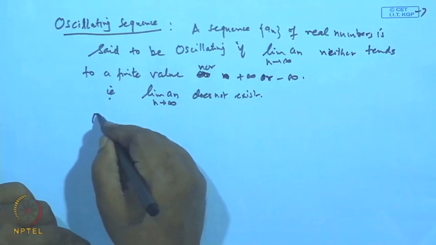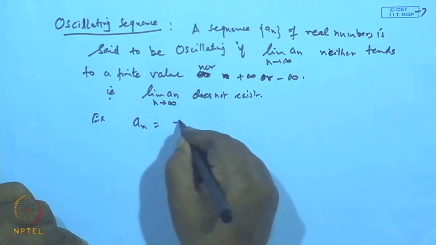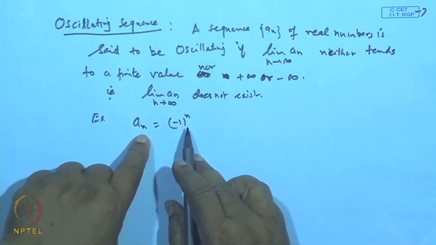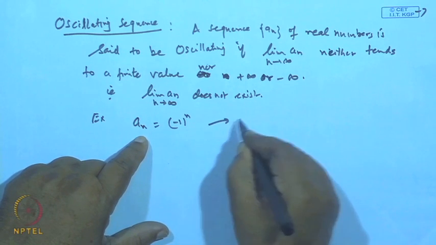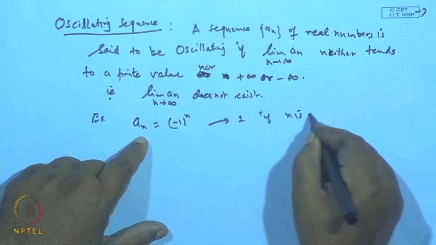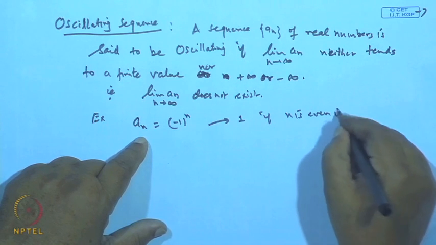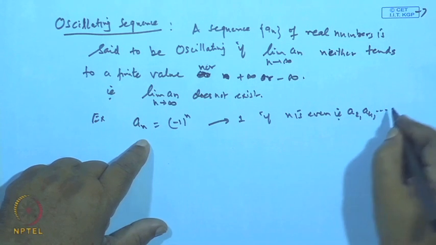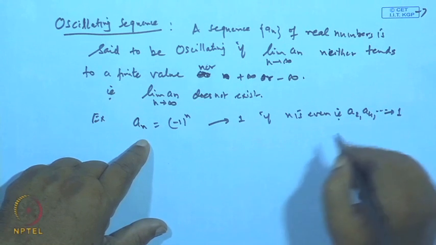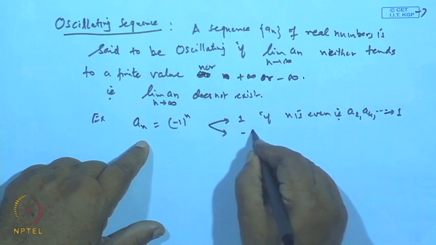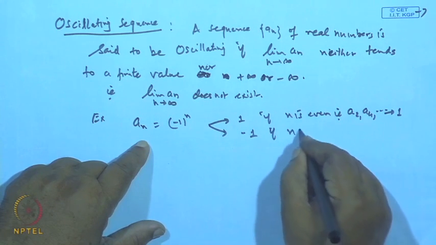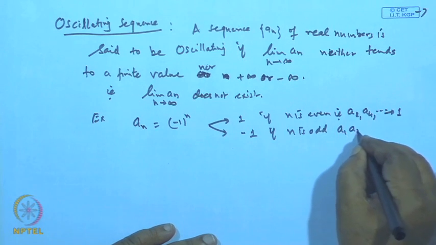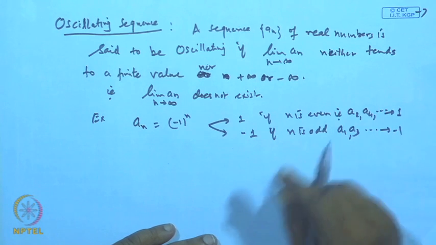For example, suppose I take a n to be minus 1 to the power n. Then along the even path, that is when the terms are chosen like a 2, a 4 etc., the limit will go to 1. But if n is odd, that is a 1, a 3, the limit will go to minus 1.